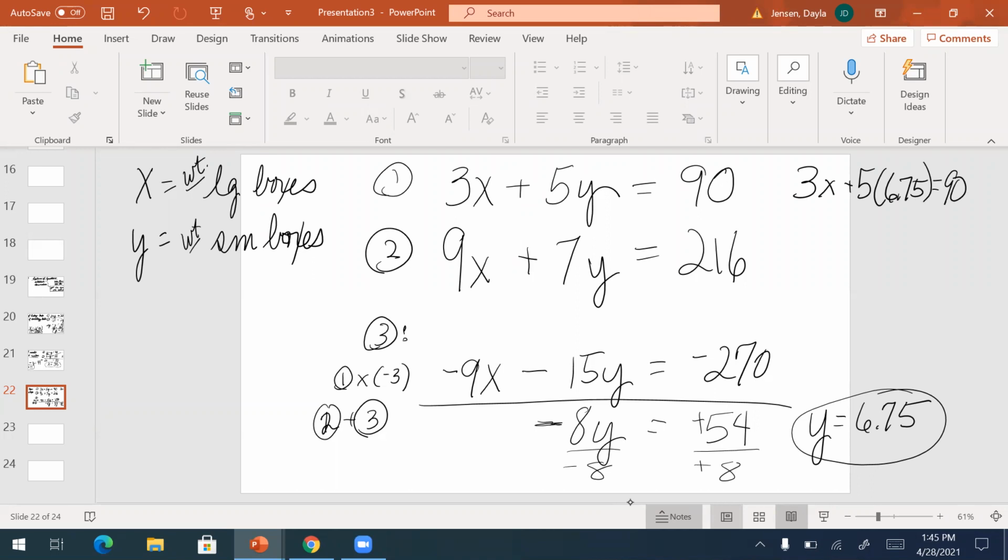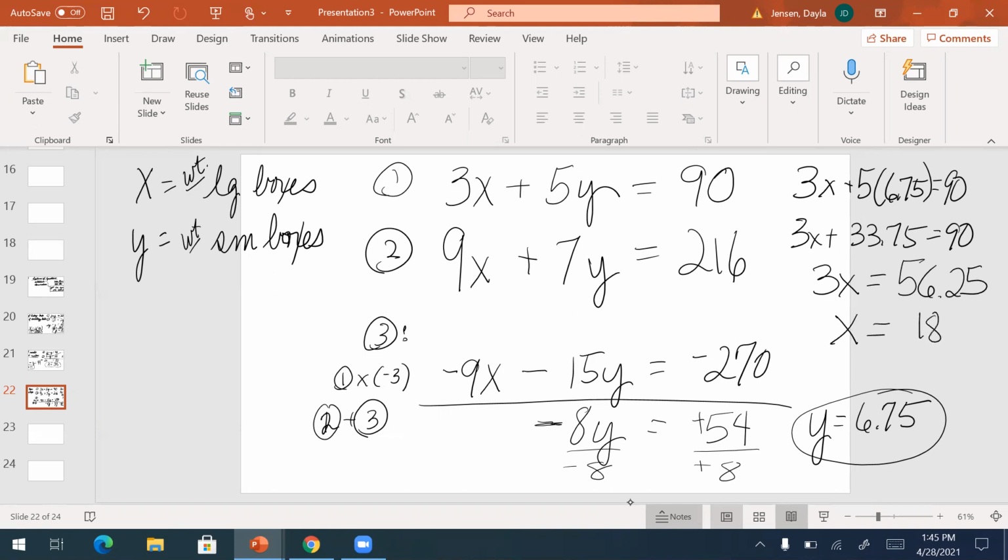So I've got 3x plus 5 times 6.75 is 33.75 equals 90. Subtract 33.75 from both sides. 3x equals 90 minus 33.75, which is 56.25. And divide both sides by 3.